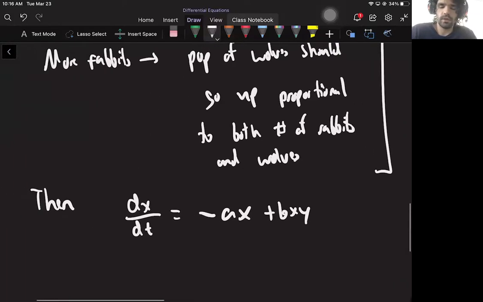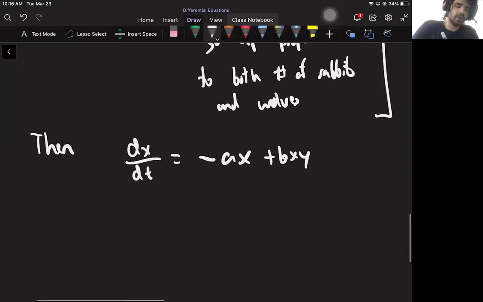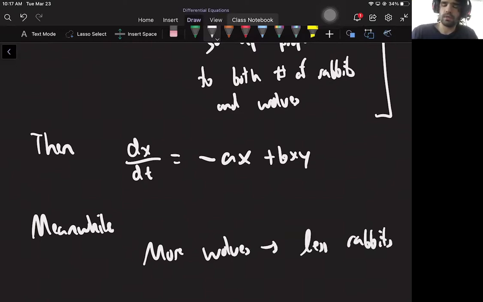So this is the rate of change of the wolves. And then for rabbits, what happens? If there's more wolves, well, there's got to be less rabbits because they're getting eaten.